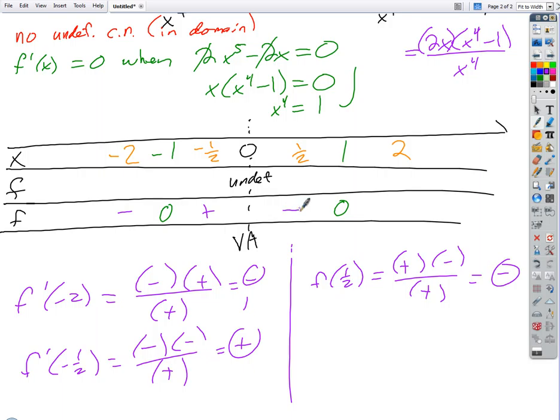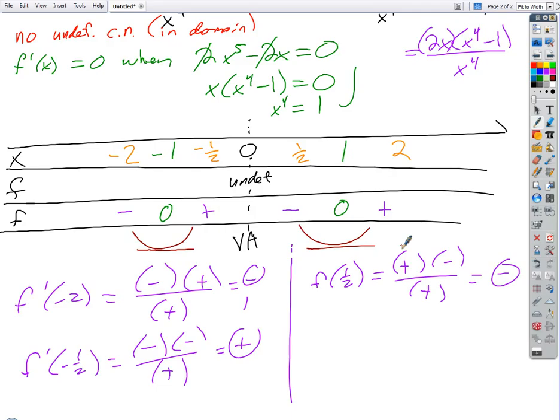Okay. And what about at 2? Everything's positive, right? So then what's this going to look like? That's a valley, isn't it? Because I'm going from decreasing to increasing smoothly, and this is a valley. Rounded valley. Okay?